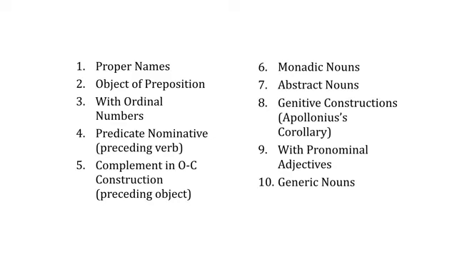Then we've got the sixth, which is monadic nouns, one-of-a-kind nouns: the sun, the moon, the devil. There is only one devil, and we'll get to that in a very important passage here in just a few minutes. But monadic nouns, by their very nature, are definite. Now, what happens when you use the article? Well, the article is not being used to definitize something that's already definite.